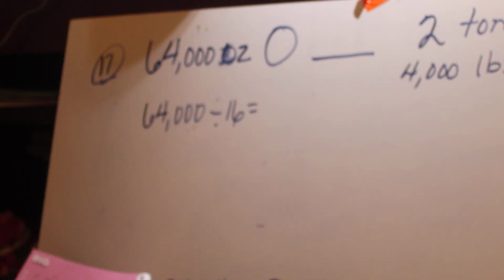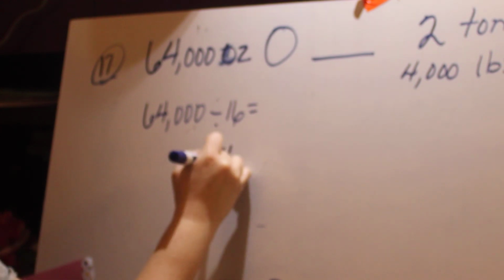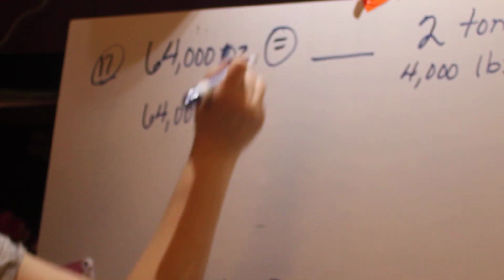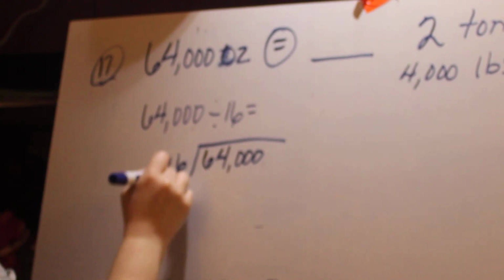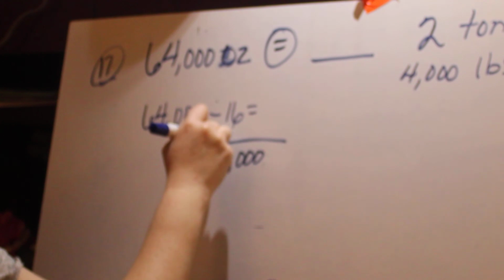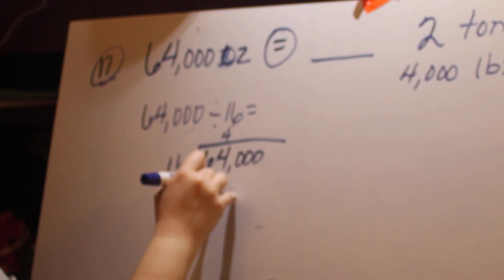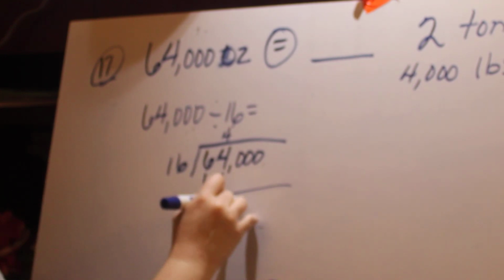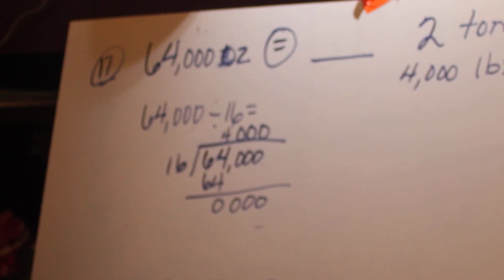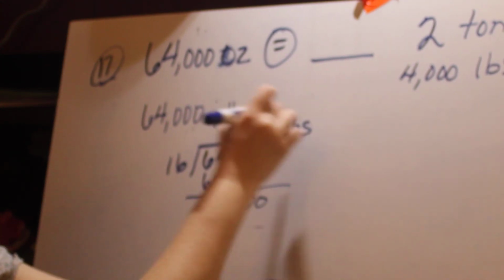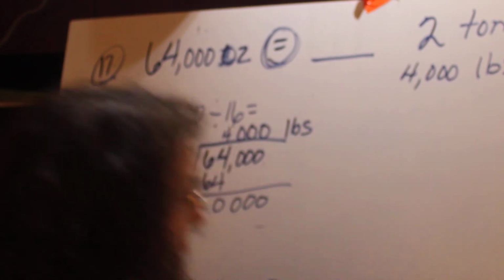In any case, it's equal, but 64,000 divided by 16 is 4. So 4 times 16 is 64. Bring all these down, and you have 4,000 pounds. So it's an equal amount. Equal.